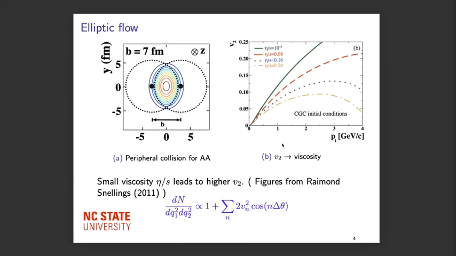So then you just tune this viscosity in your hydrodynamic evolution, and fit the data to see what the viscosity of the fluid is. This is just to remind us that the definition of these flow coefficients is just the harmonic coefficients of our cross section.